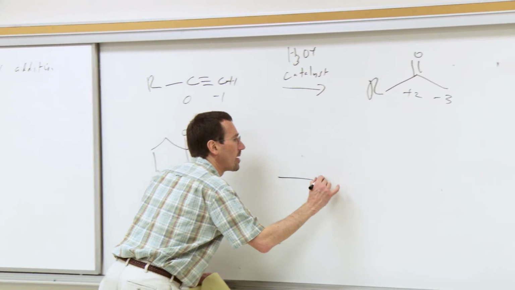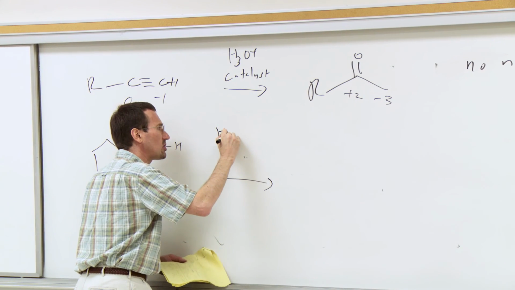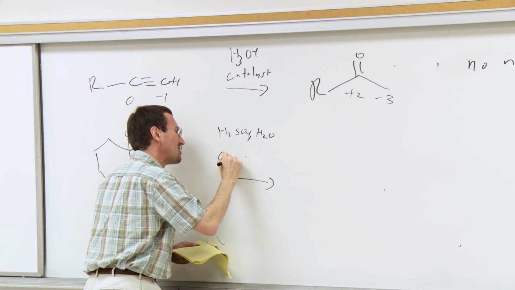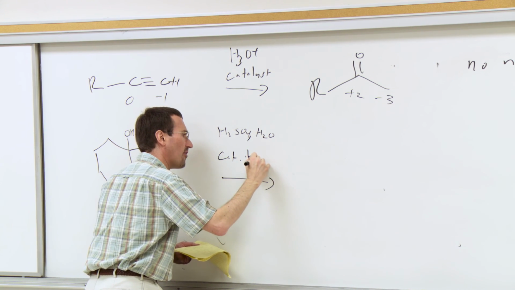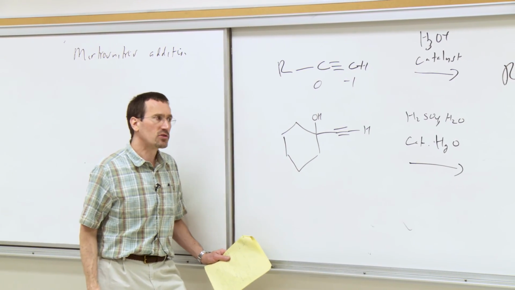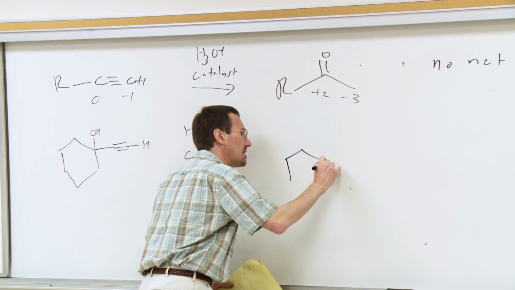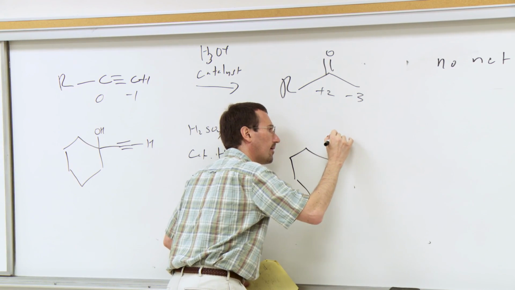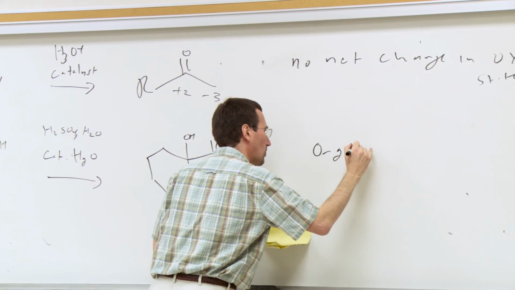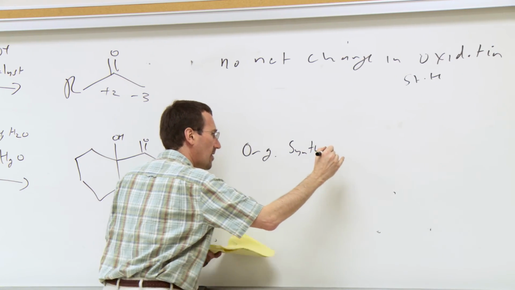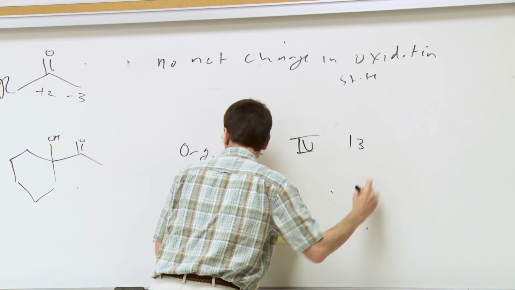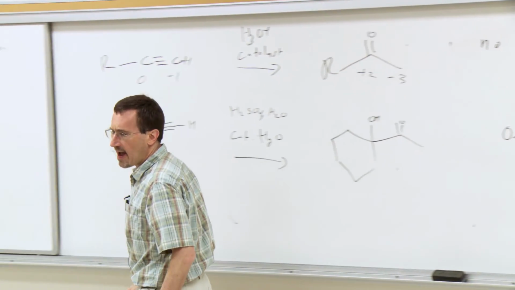So again, borrowing from Org. Synth. for some conditions, sulfuric acid, water, and just a catalytic amount of mercuric oxide, HgO, gives rise to the corresponding ketone. And I'll just cite my references. This is Org. Synth. Collective Volume 4, page 13. You can work out the mechanism.